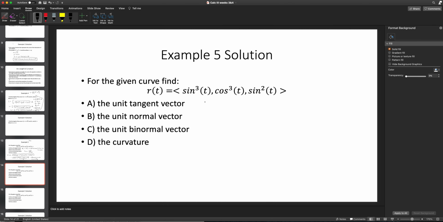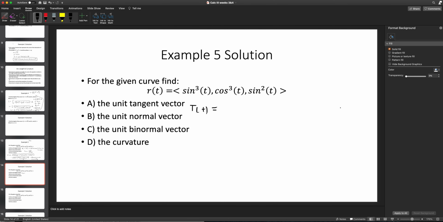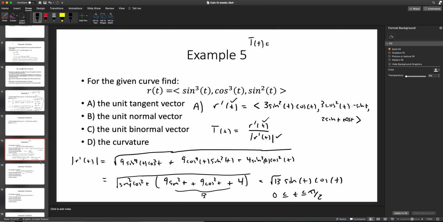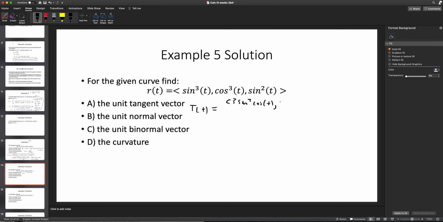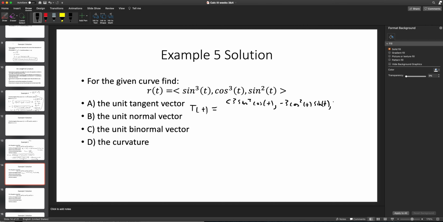T of t is 3 sine squared t cos t, negative 3 cos squared t sine t, and 2 sine t cos t, all divided by root 13 sine t cos t.